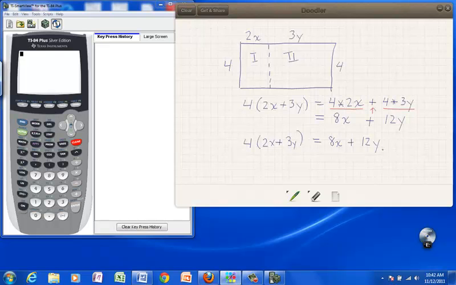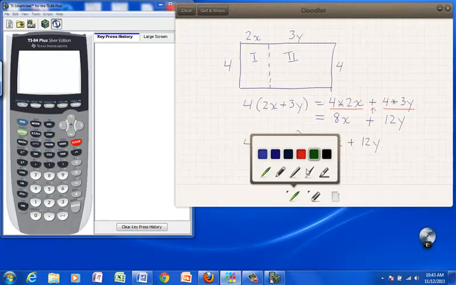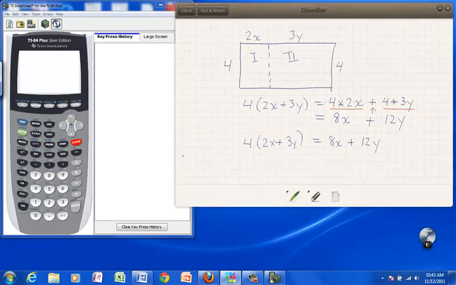Now I'm not finished with number 4 yet because the last sentence says to verify your result by numerical substitution. So I need to substitute some numbers in for x and y. I'll change my pen so you know I'm doing something different now. So I'm going to let x equal 5 and y equal 6.